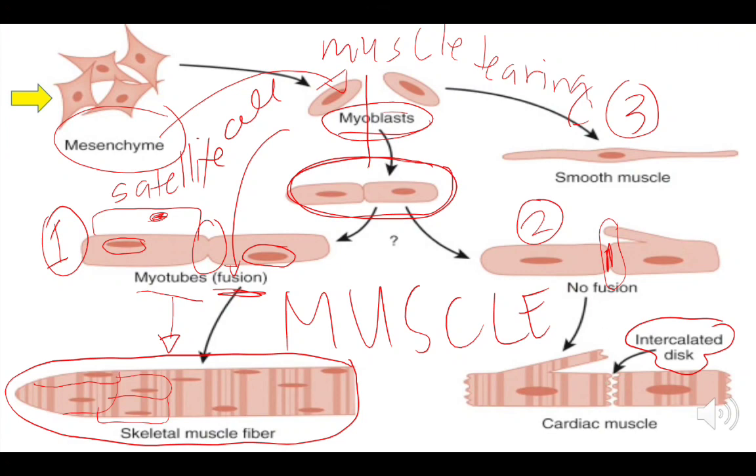Kapag kanina sa skeletal muscle fiber, ang palatandaan natin are the presence of multiple nuclei. Here in the cardiac muscle, ang palatandaan natin is the presence of your intercalated disc. Bakit? It's because it will tell you that the myoblast that is present there doesn't want to do fusion. So there is no fusion, therefore the intercalated disc will be present.